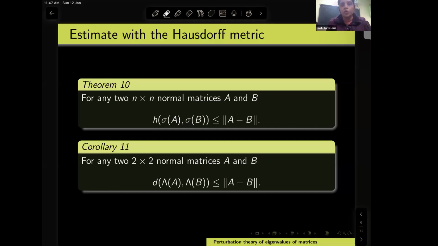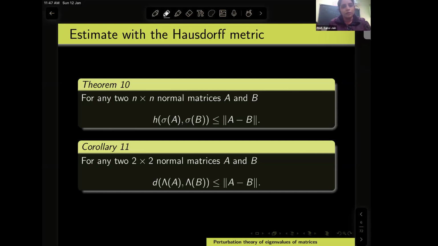Therefore, for 2×2 normal matrices, d(λ(A), λ(B)) is less than or equal to ‖A − B‖. So the problem really starts at the level of 3×3 normal matrices. Optimal matching distance, it's not true, but with the Hausdorff metric, it's true.